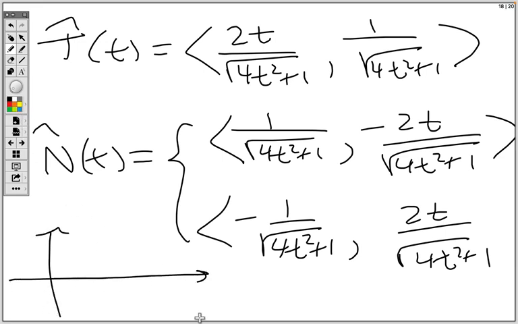So once again, here's the graph of the vector valued function. Notice we have a consistent concavity as we're going along here. So we could just pick a point. What's a convenient point to plug into this vector valued function? What's always a convenient point?